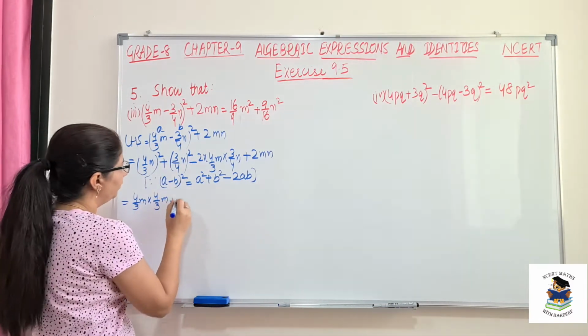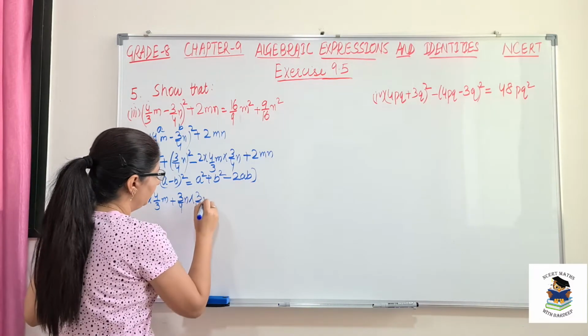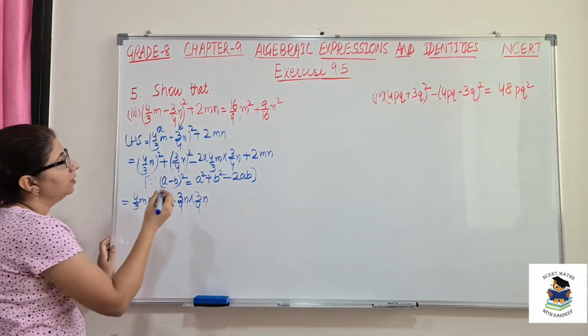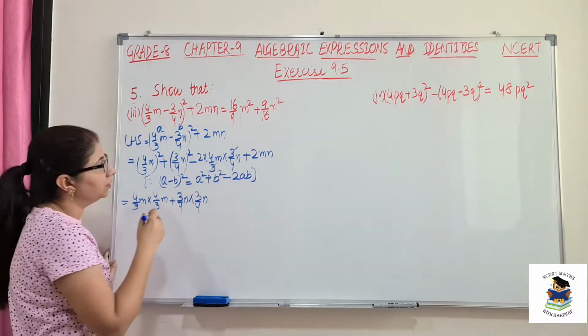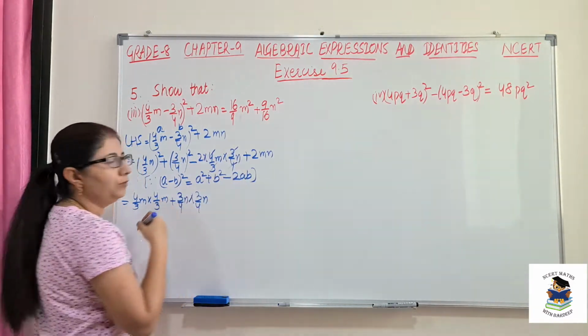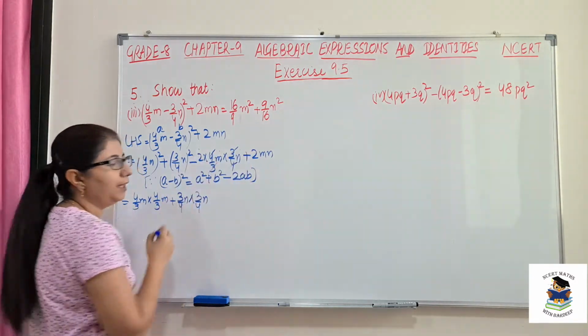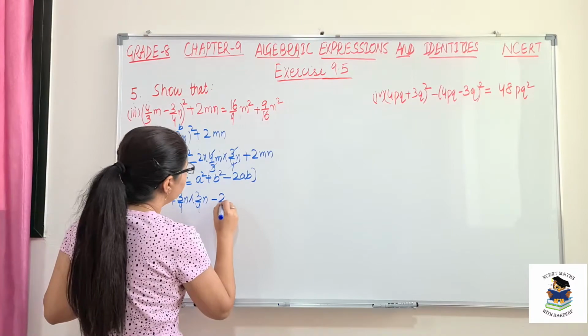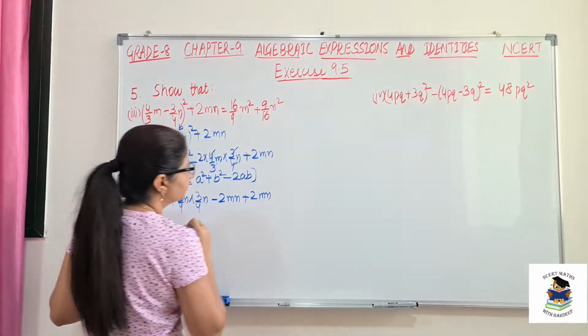So (3 by 4 n) whole square means 3 by 4n multiplied by 3 by 4n. So now here we can simplify it, that is 3 and 3 will be cancelled. Okay. 4 and 4 will be cancelled. So we are left with this 2mn. Okay. So minus 2mn and then plus 2mn.